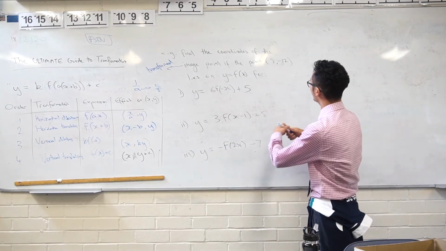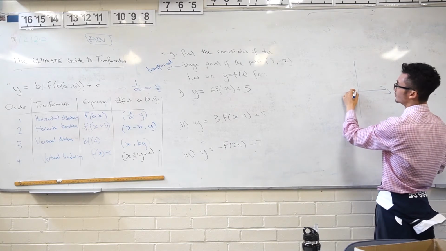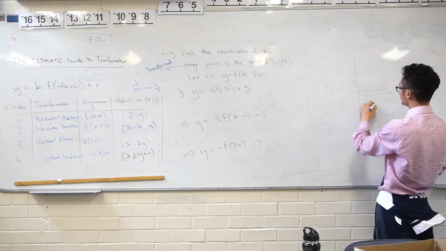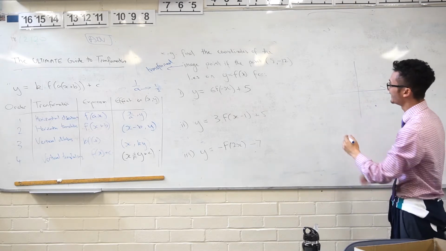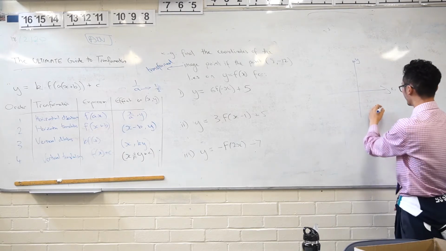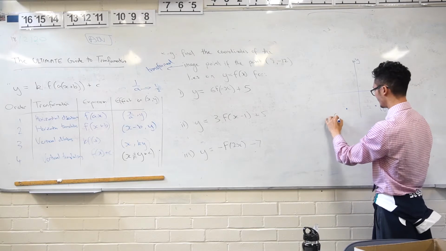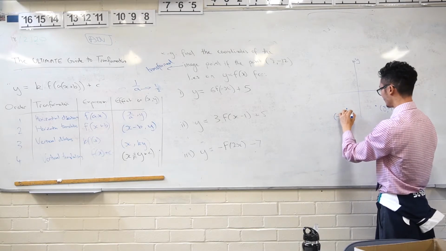So if I have the point 8, negative 12, I've got 8 across, negative 12 down. If I reflect it in the y-axis, then we go from 8, negative 12 to negative 8, negative 12.